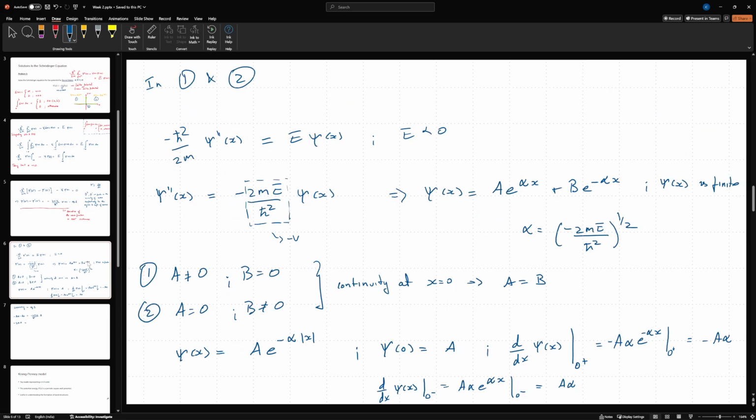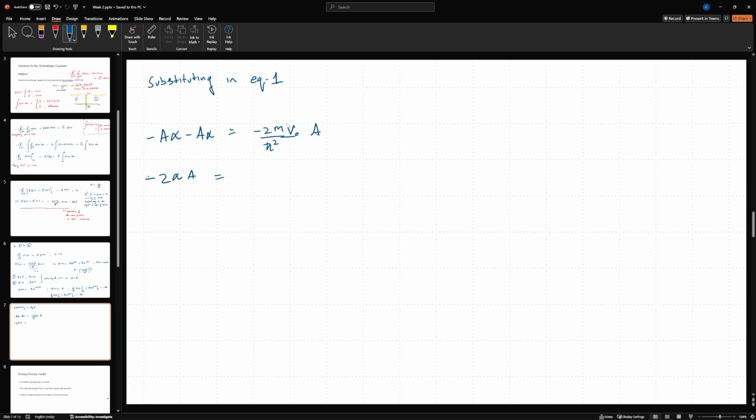It does not matter. The value of a can actually be found by considering normalization. I should have integrated mod psi squared from minus infinity to infinity to find the value of a. And that needed to be substituted here in order to get the answer in terms of V naught.